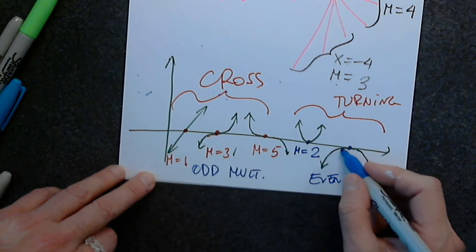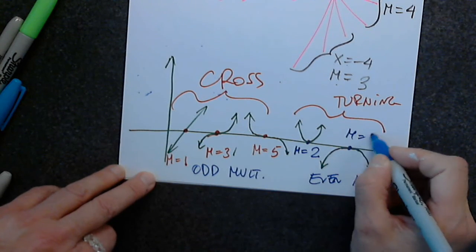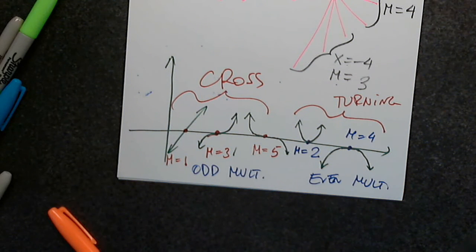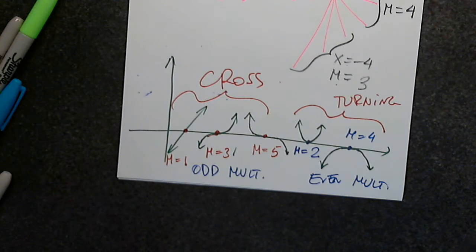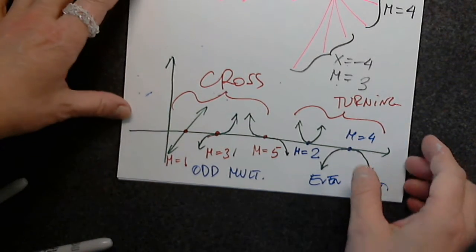It takes time. 4. Yes. And so on and so forth. If the function turns on the x-axis, it's an even multiplicity. If it crosses the x-axis, it's an odd multiplicity. Okay. That's really all I needed.